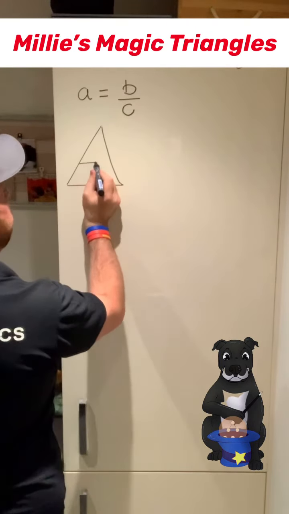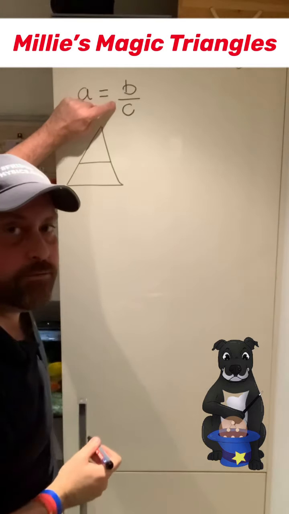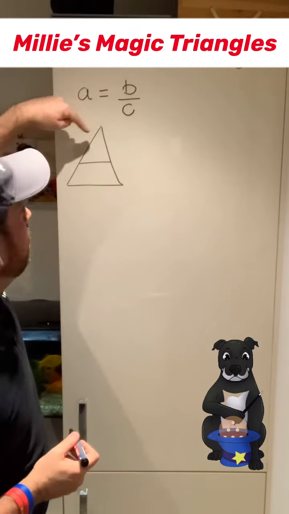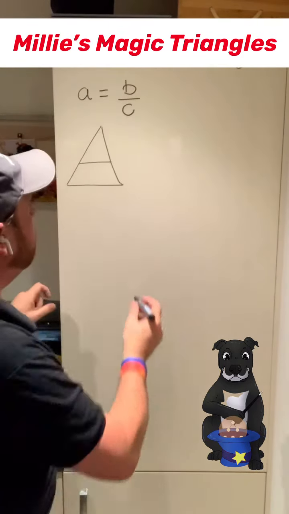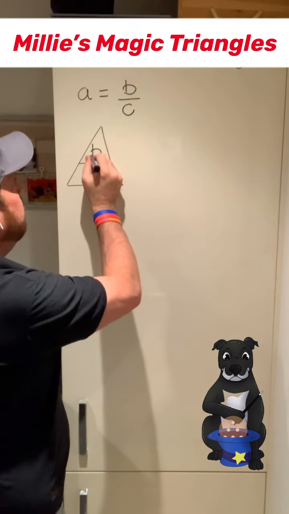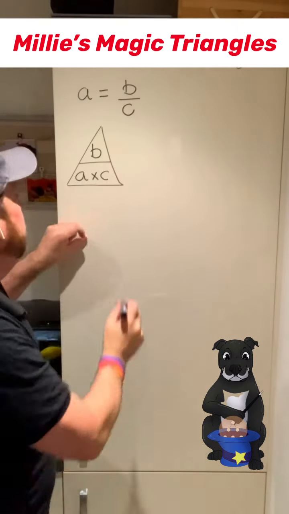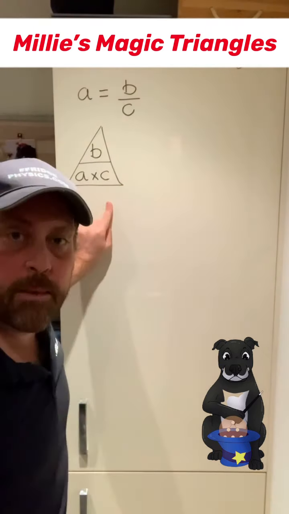This line is the divide line, and whatever's above the divide line goes into the top of the triangle. So you put B on top, and A and C are at the bottom.